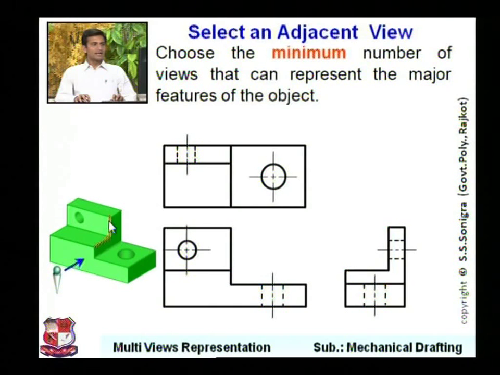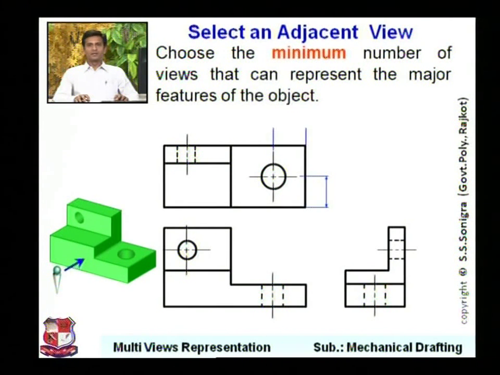Now think about this edge, this L shape edge, it is this one. So this L shape is there, so this side view is necessary, because without drawing this side view, it would be difficult to imagine the shape of this object. So this is one of the views which is compulsory to be drawn to represent this object.